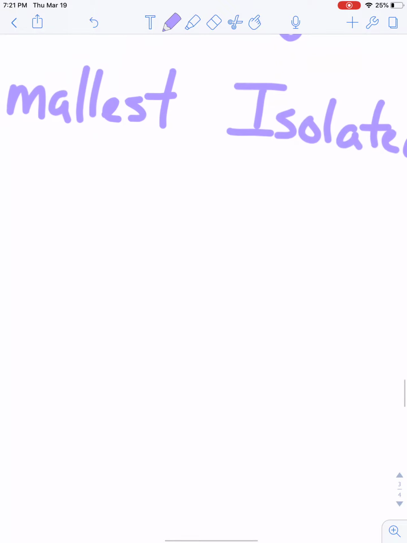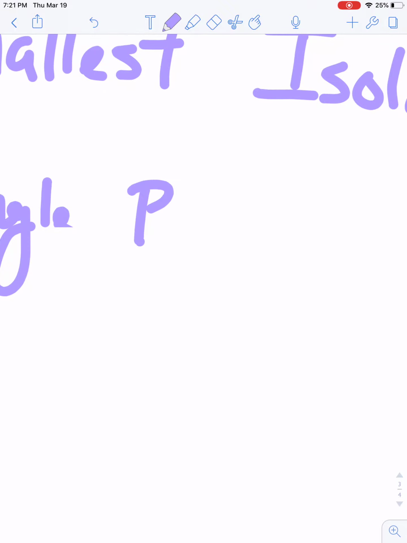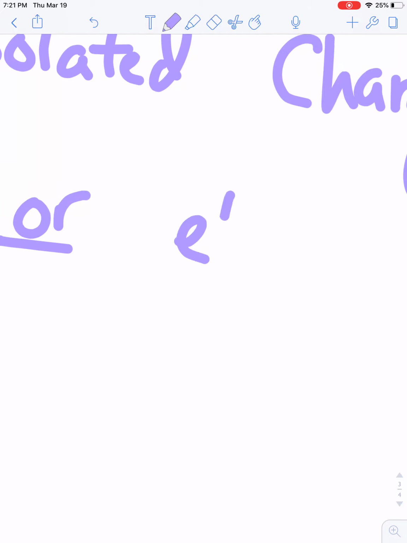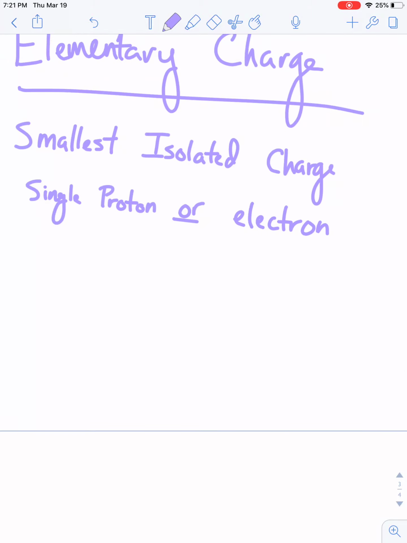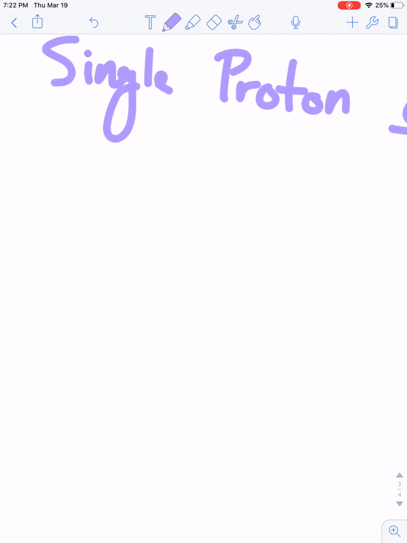The smallest isolated charge we have found is a single proton or electron. And they actually have the same exact charge, a single proton and a single electron do.